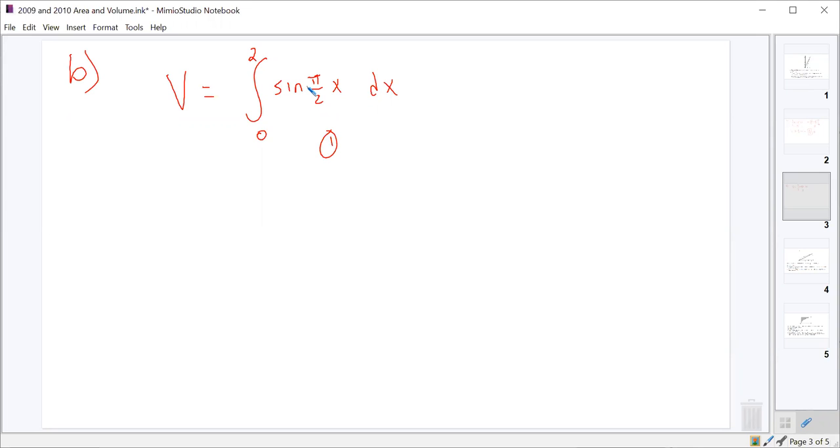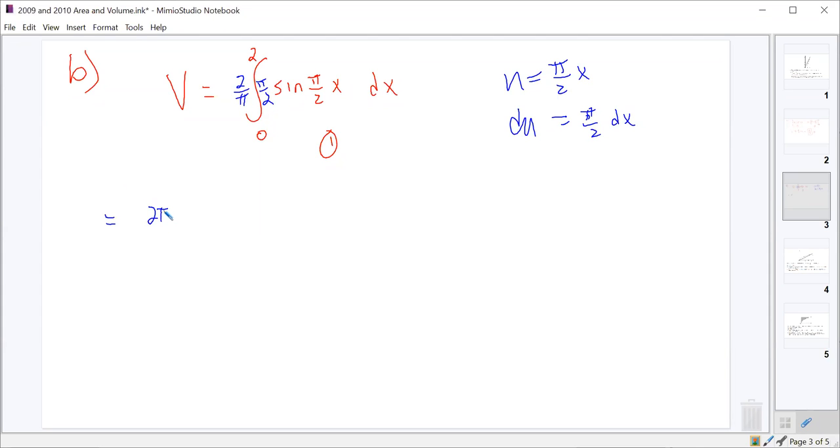And they don't normally write out the u substitutions, but if you choose to write them out, that's fine. So I'll write it out just to make sure we're all doing okay with that. We'd let u equal pi over 2x, which would make du pi over 2 dx, which means we would need to add in a pi over 2 and a 2 over pi.